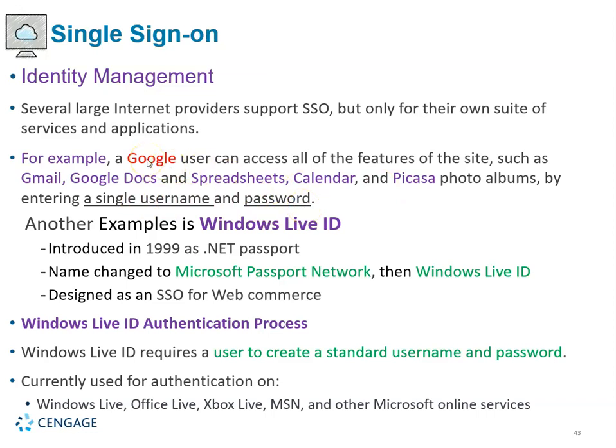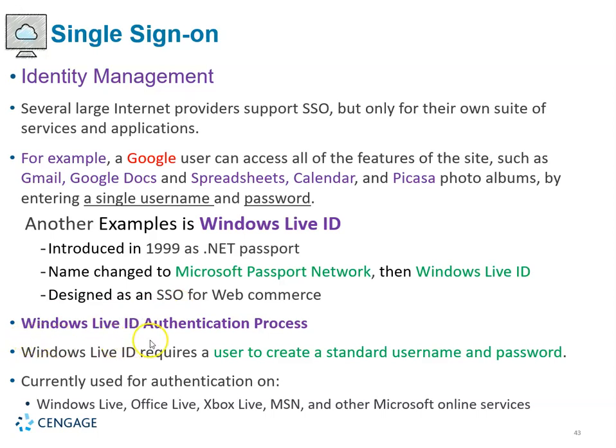That's the Google solution. Another example is the so-called Windows Live ID. This was introduced over 20 years ago as the so-called .NET password. The name's been changed since that time to Microsoft Passport Network, and finally it's now known as Windows Live ID. This is designed to be a single sign-on for web commerce.